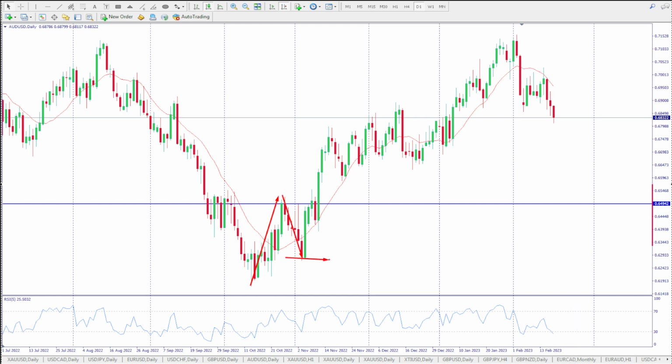The traditional way of doing it is, okay, this is now my support. This is the support, this is the support, even this is the support. Like a lot of levels. This is the resistance, again the resistance, resistance.